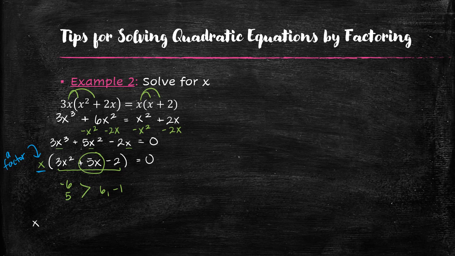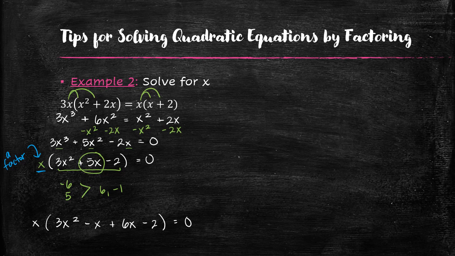We've got still on the outside of that equation our x, and then our 3x squared plus 6x minus x. Do I want to write it in that order? I think I actually want to switch that up. I think I'm going to write minus x and then plus 6x. And let's see, then we have our minus 2, and that's all equal to 0.